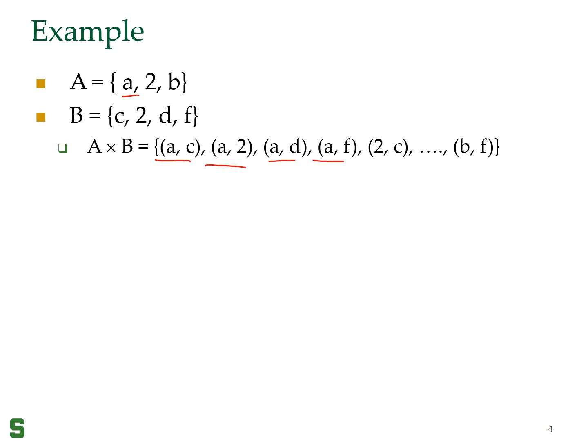So these are 4 pairs where the first element is A. Then I'll have 4 that have 2C, 2 2, 2D and so on and so forth.